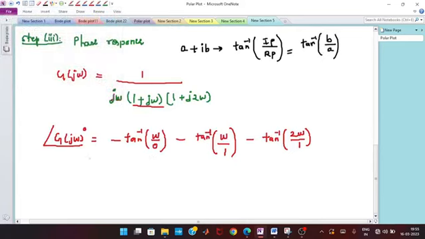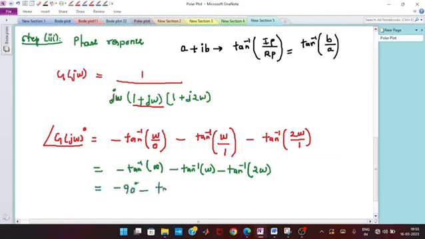Now what is the simplified answer? Minus tan inverse of omega by 0, that is anything divided by 0, which is infinity, so minus tan inverse of infinity. And here minus tan inverse of omega by 1, which is omega, and minus tan inverse of 2 omega by 1, which is 2 omega. Tan inverse of infinity, we know, is 90 degrees. So the phase is minus 90 degrees minus tan inverse of omega minus tan inverse of 2 omega.